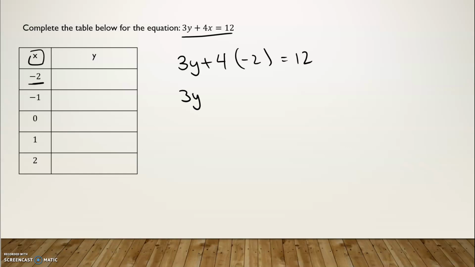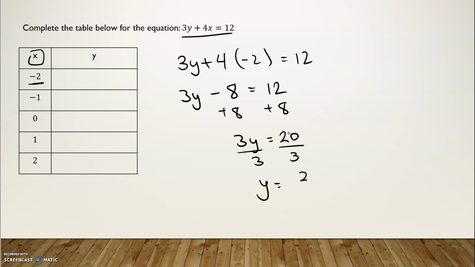So this is going to be 3y minus 8 is equal to 12. Add 8 to both sides. So 3y is equal to 20, and then divide both sides by 3. So y is equal to 20 divided by 3.